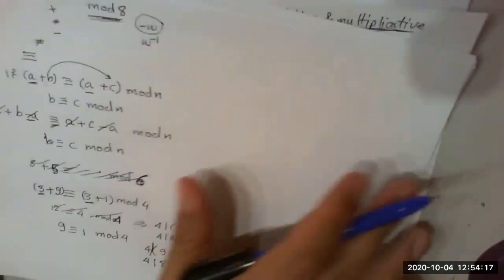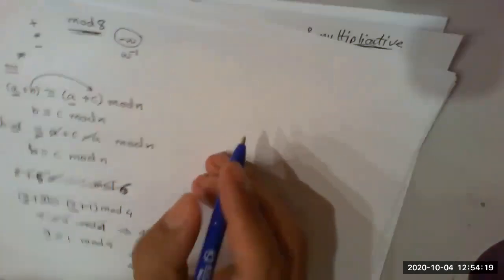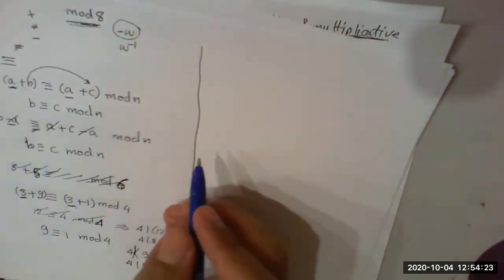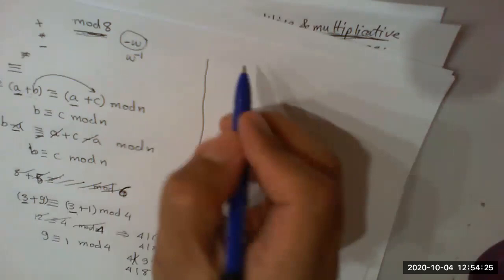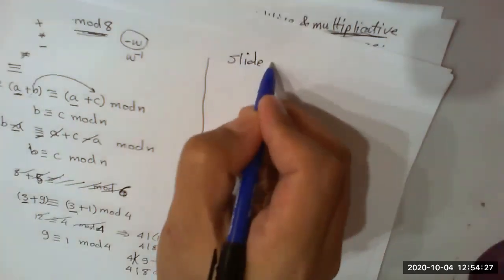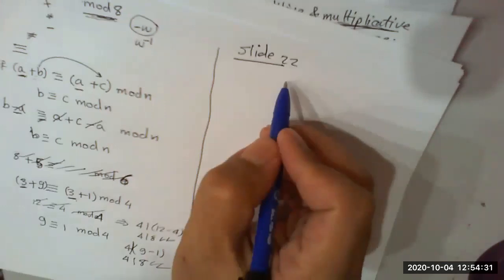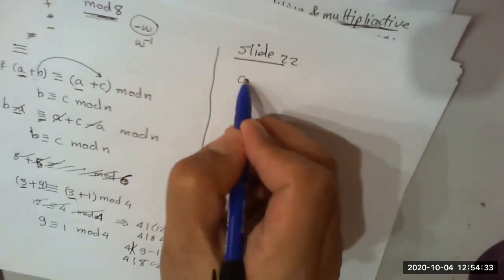This is just one property of congruence. I have a collection of properties. You can see them at slide number 22. Slide 22 has all the properties of congruence modulo a number. For example, commutative.